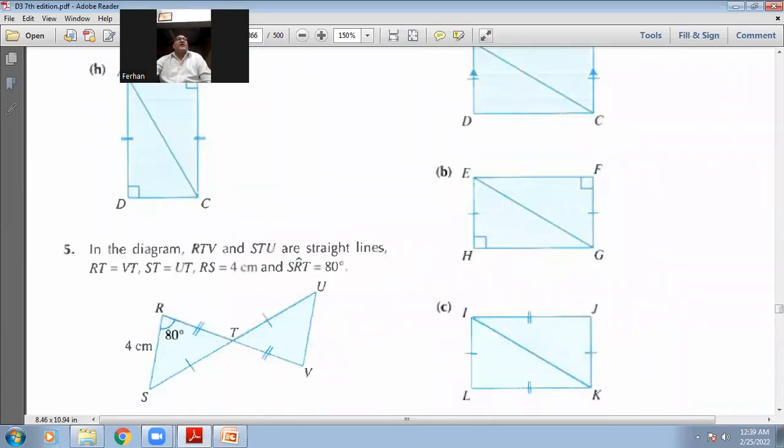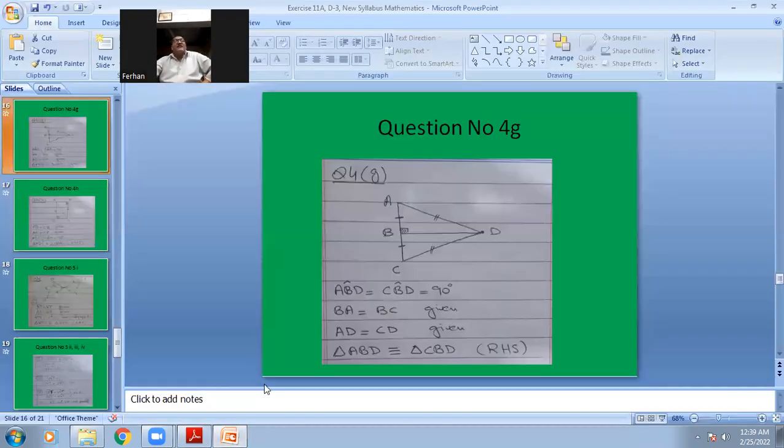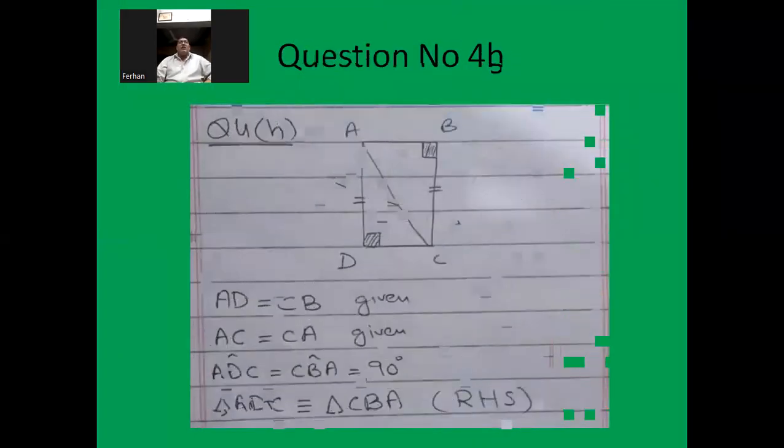Then we have H part. Here you have two triangles. They both are right angle triangles. Their hypotenuse is the same line, and they have one more side equal to each other. So I can prove this very easily. AD will be equal to CB, the reason is it is given.